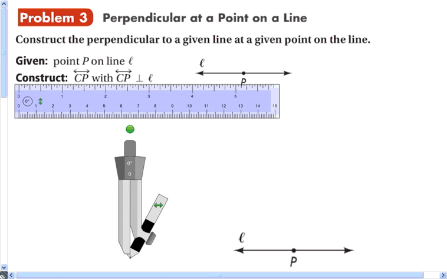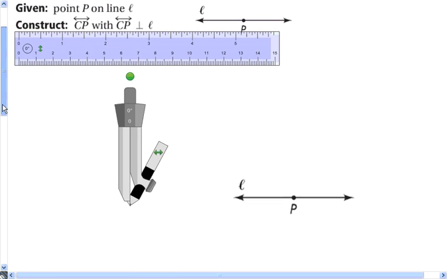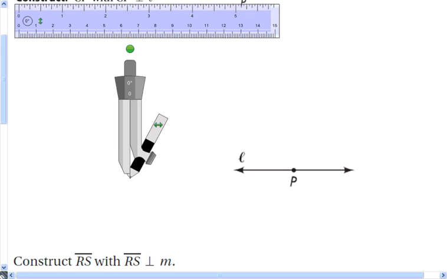problem 3 first. We want a perpendicular at a point on a line using a compass and a straight edge.